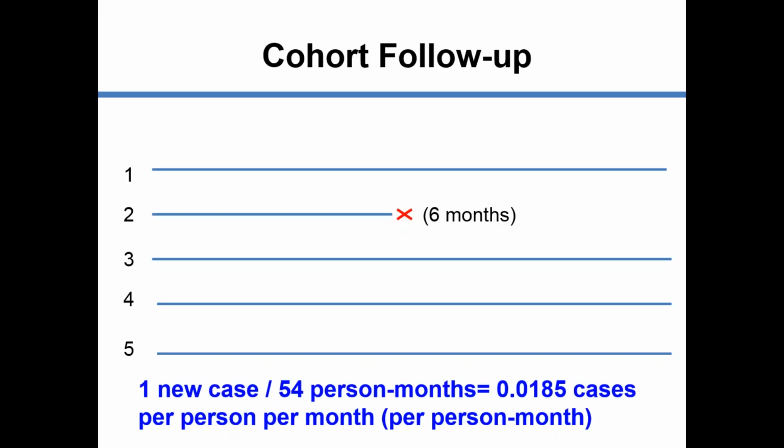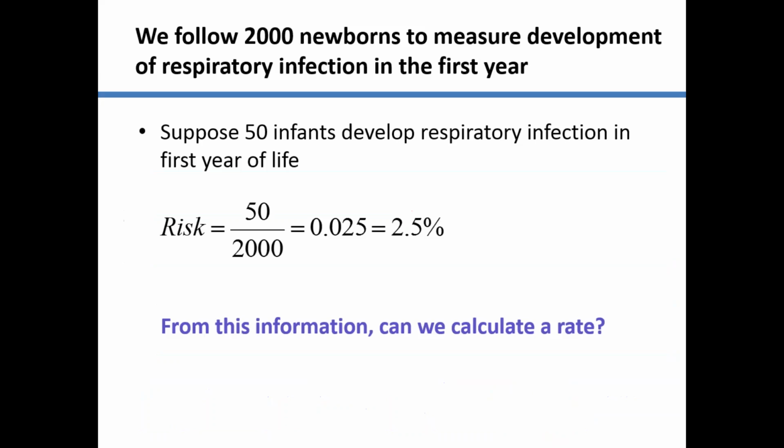By the way, just like with 1 year versus 10 years, we could do it in terms of person months or person days. They're equivalent as long as your numerator and denominator are treated the same way. So here, to go to person months, we divide by 12.